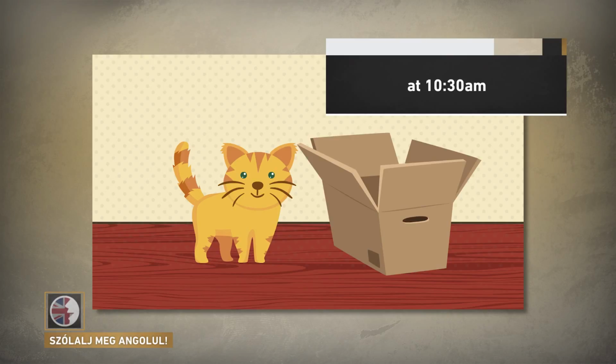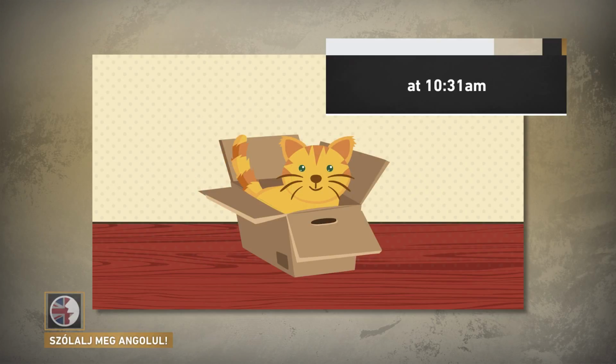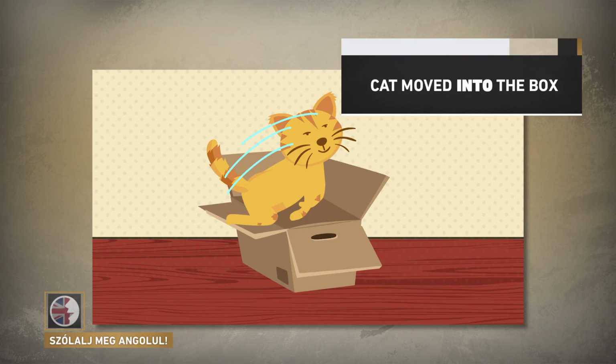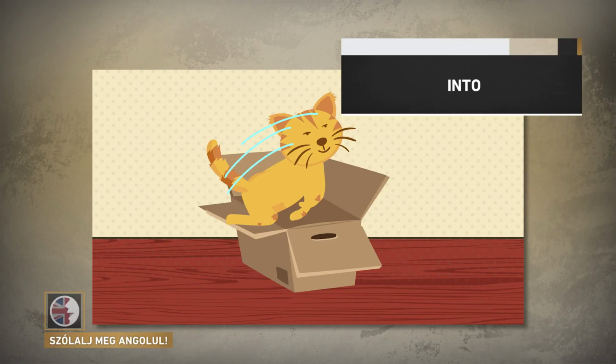But what if we want to describe how the cat moves? At 10:30 a.m., the cat was on the floor. At 10:31 a.m., the cat is in the box. Okay, what happened? Well, what happened was that the cat moved into the box. Into is a preposition of movement.